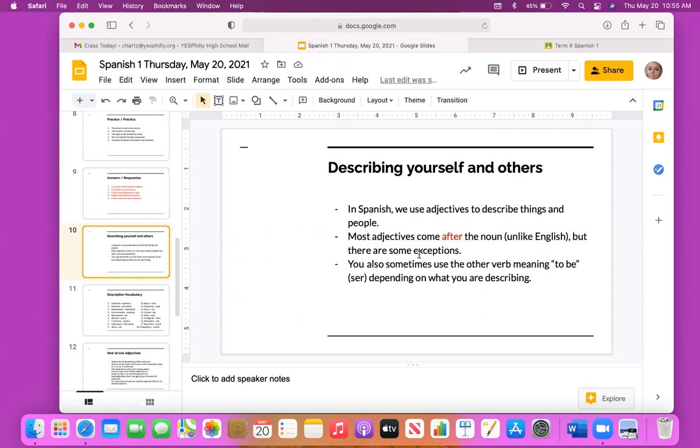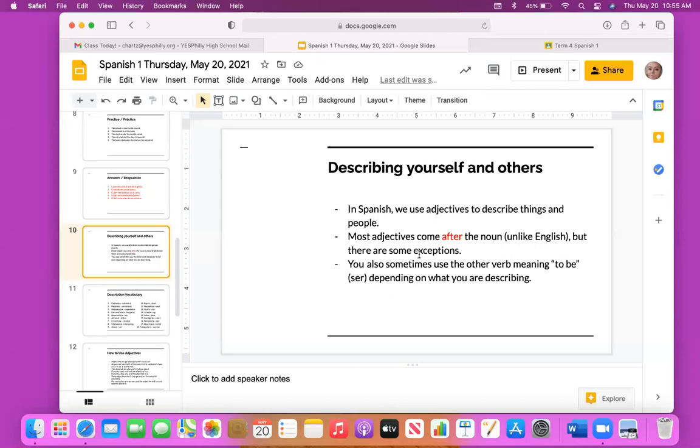For example, in English you would say the pretty flower, but in Spanish they would word it like the flower pretty. The word pretty would come after the word flower.